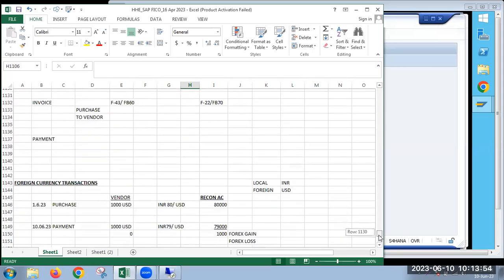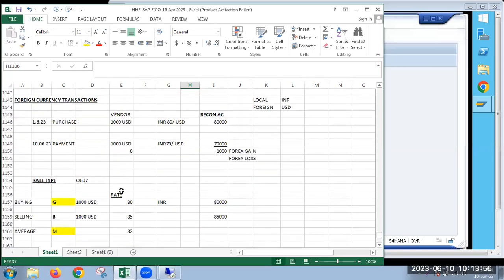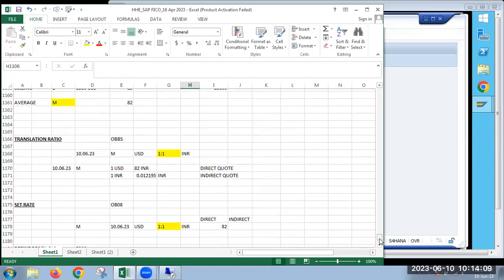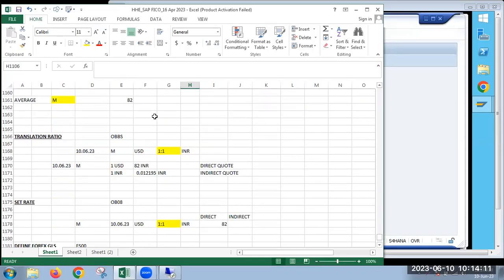After that, it was the foreign currency transaction. Based on a rate type, we specified the translation ratio between two currencies and the rate. With that, we gave the GL accounts for forex loss and gain for automatic posting.